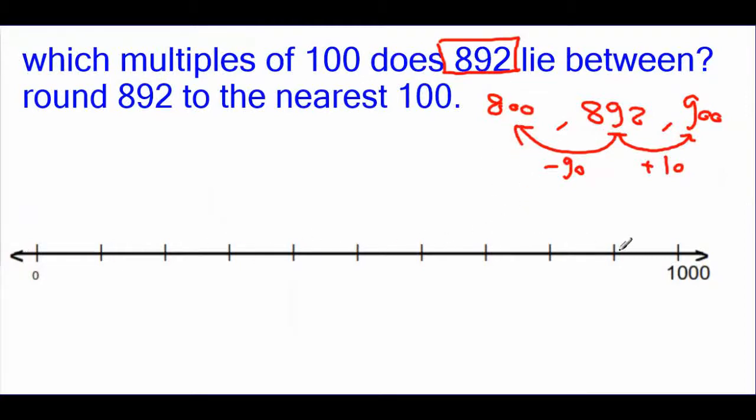Where is it exactly? It is here between 800 and 900. It is closer to which one of them? Closer to 900. So my mark will be closer to 900, and my number is here.